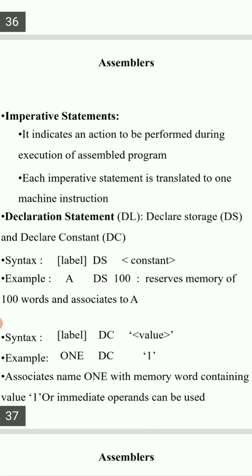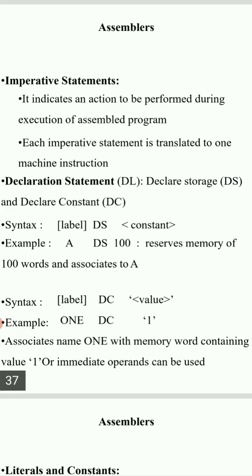Now we can see all these statements one by one. When we are supposed to write the program, an instruction in the assembly language program should have some format. Label can be optional. If you want to write it for understanding, you can write it, otherwise skip.